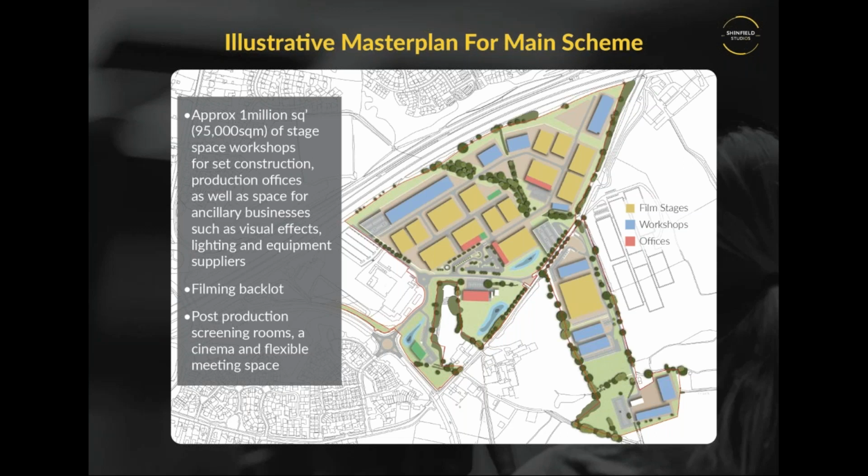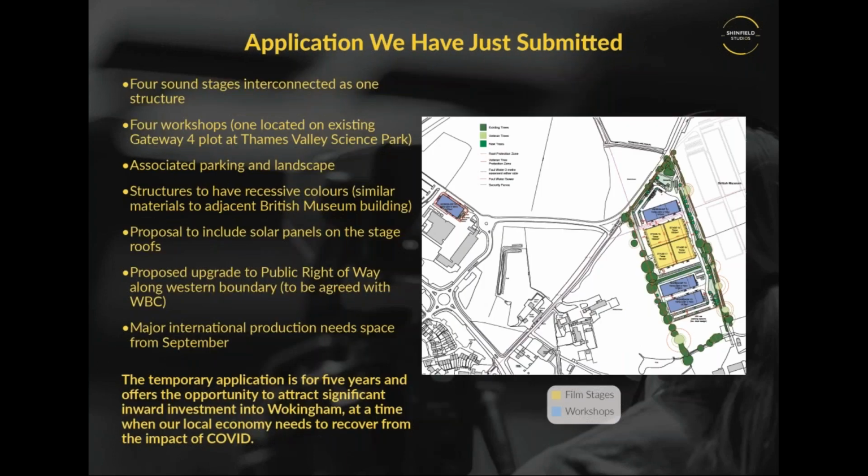But if we turn to the next slide, Paul, and really this just shows you what we're trying to do in the very short term. So this is the application that we've just submitted, and again, the yellow boxes are the stages, the blue boxes are the workshops. And you might recognise the layout there of the blue and the yellow boxes from the fly-through that we saw at the very beginning.